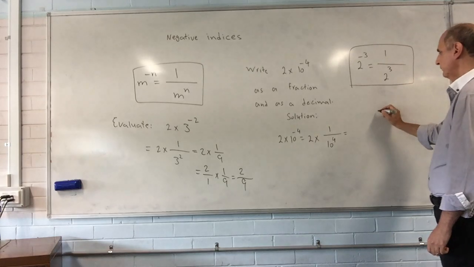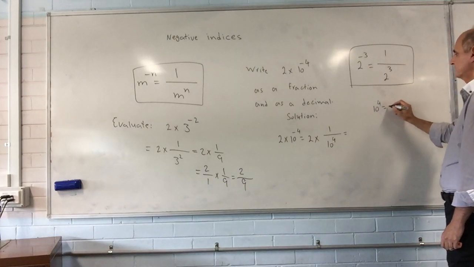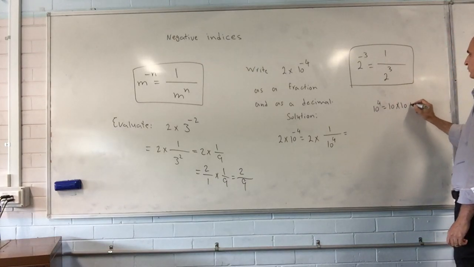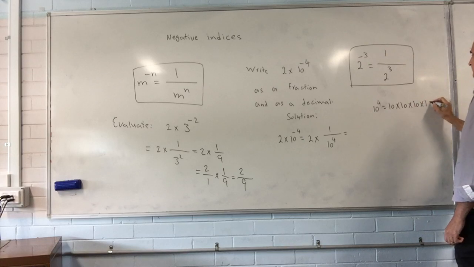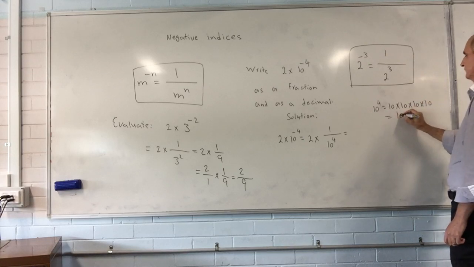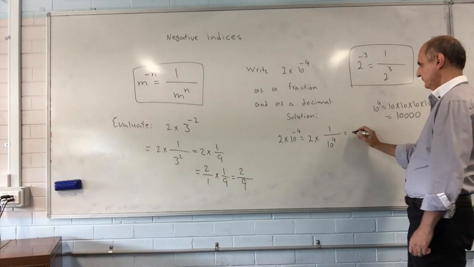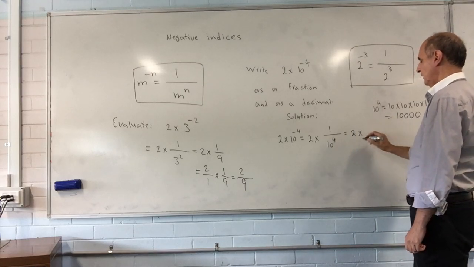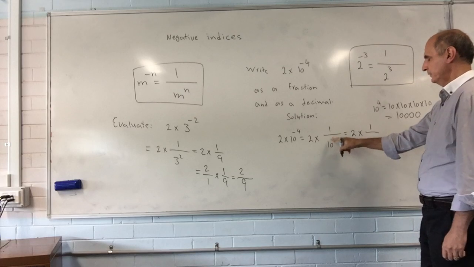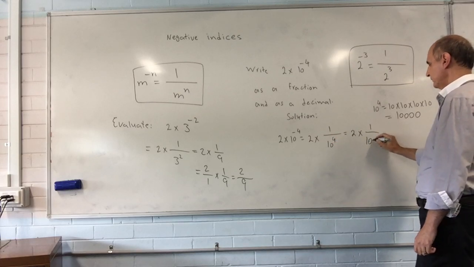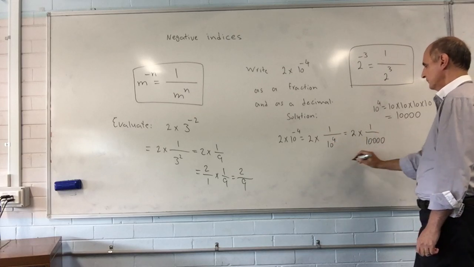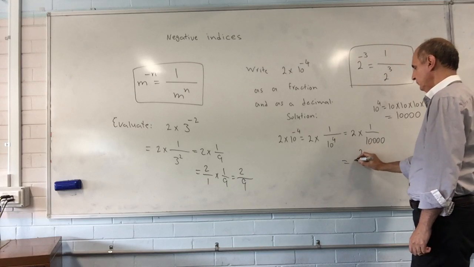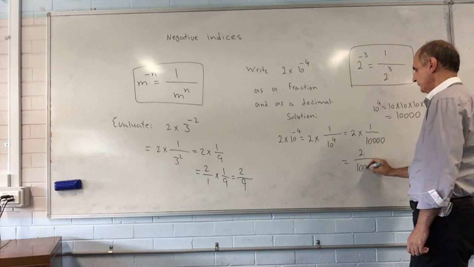Now what's 10 to the 4? It's 10 multiplied by itself 4 times, which is 10,000. So you get 2 times 1 over 10,000, which becomes 2 over 10,000.